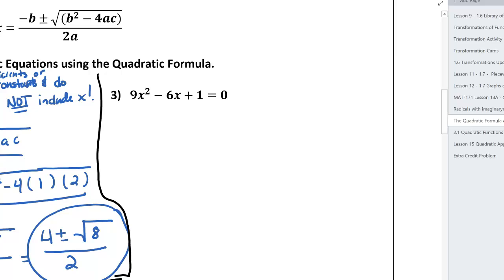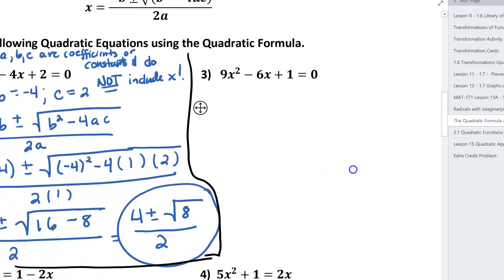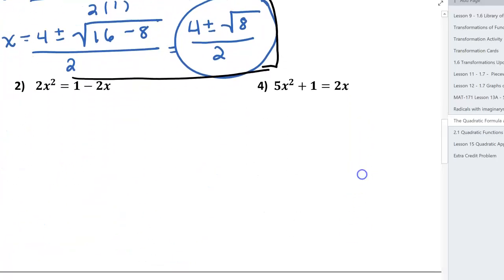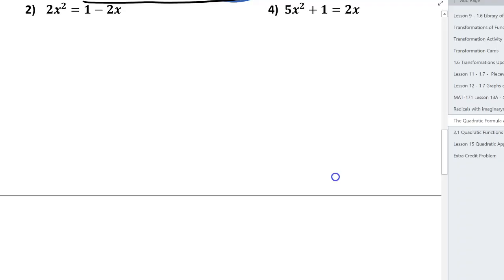Lesson 13B. In this video, I will work example 2 from the quadratic formula note sheet. So in number 2, we are asked to solve this quadratic equation using the quadratic formula.